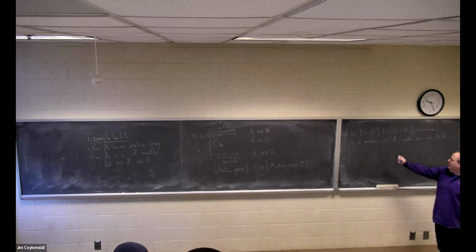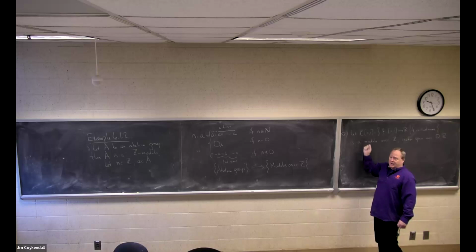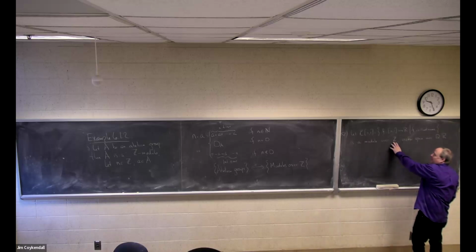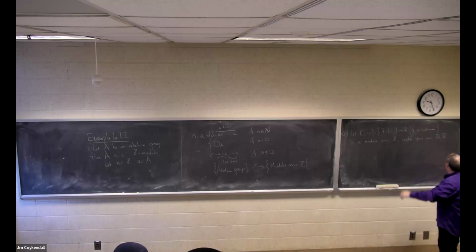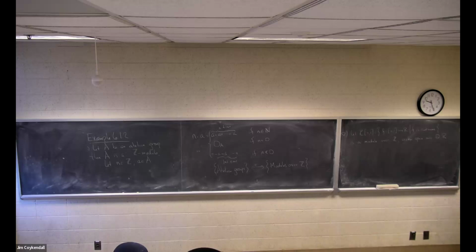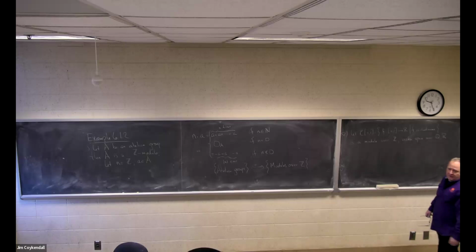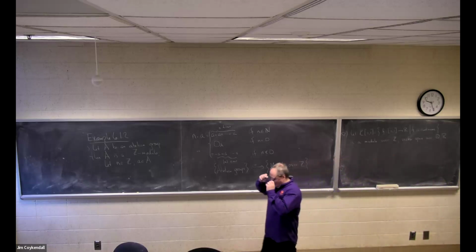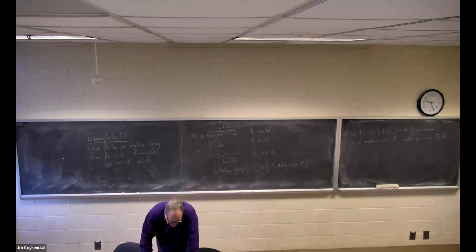So this one actually has different structures depending on what you do. You can consider it to be a Z-module, a Q vector space, or a real vector space. You can consider it to be a vector space over any field between Q and R. So there are lots of possibilities with this.